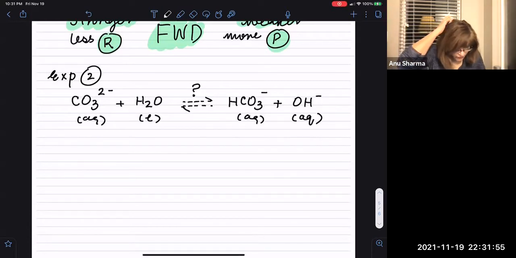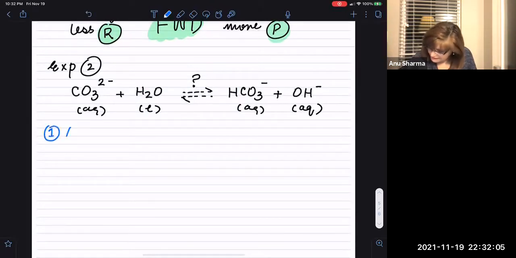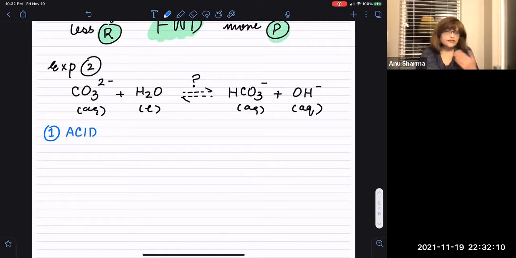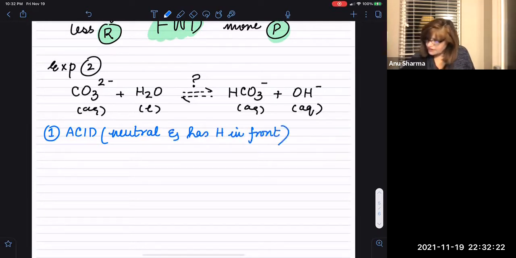Now we are trying to see the direction of the equilibrium. Same thing, you first identify which one is the acid and which one is the base. Remember, the one that is neutral and has hydrogens in front will act as an acid. Here we see water, so it's neutral and has hydrogen in front.